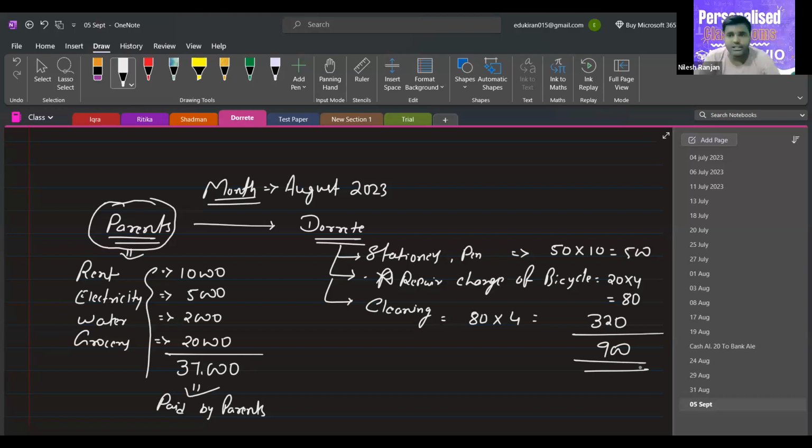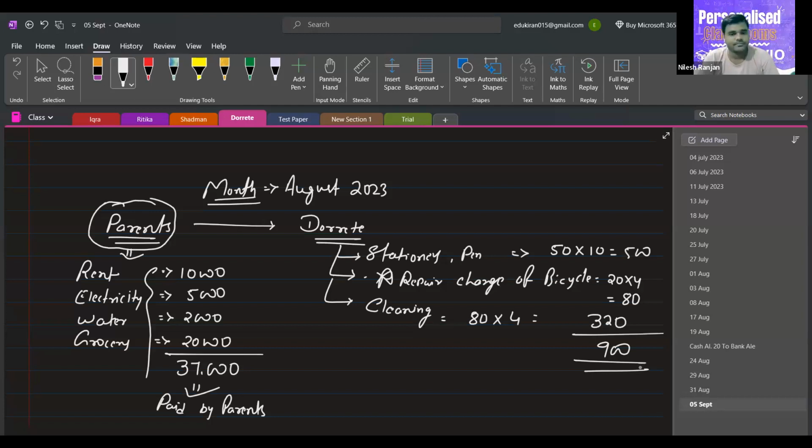Let's assume that you have a bicycle and you have repaired it 4 times in a month, and every time the repair charge is 20 rupees. So 20 into 4, total 80 rupees. Now, cleaning is also 80 rupees per time, and you have done it 4 times in a month. So total 320 rupees. So total expenses incurred by you is 900, and total expenses incurred by your parents is 37,000.